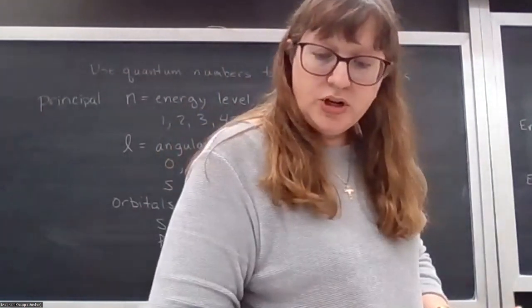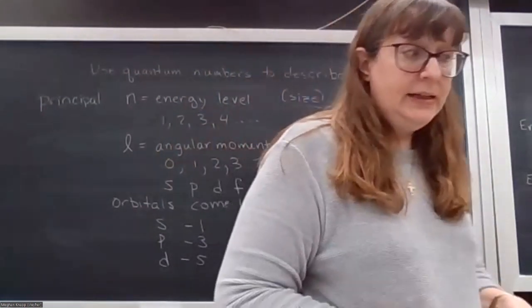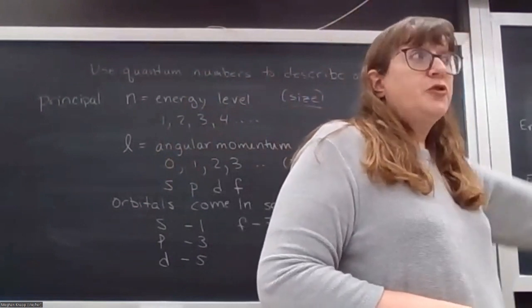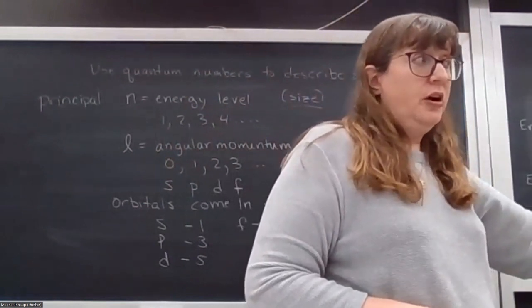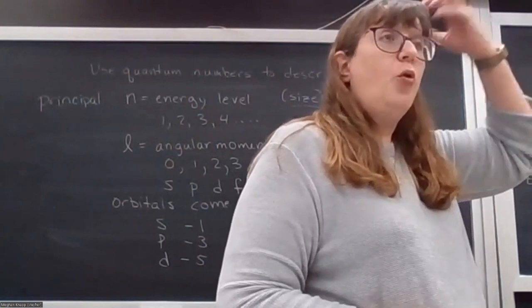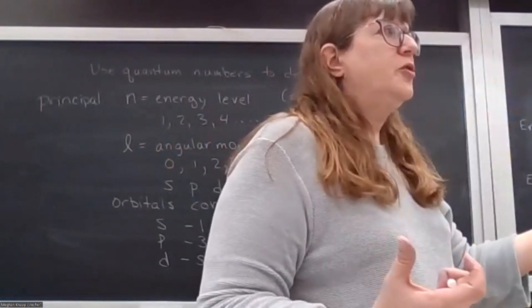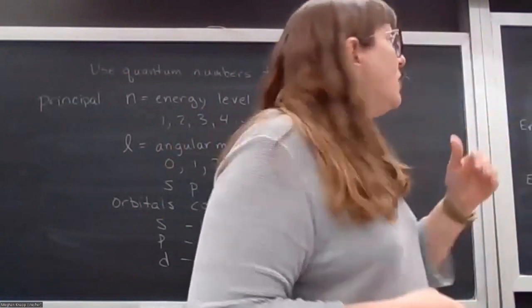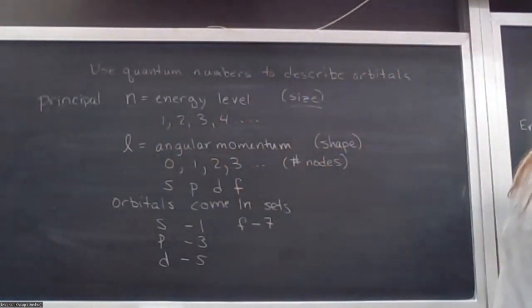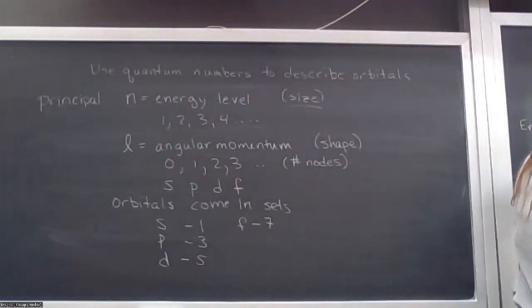Okay, so now what I want to do is go to light. So this is the first part of the chapter. Now we have an idea of orbitals. Why do we care about the orbitals? Well, we can figure out the difference in energy by the color of light that the atom shoots out when we set it on fire.